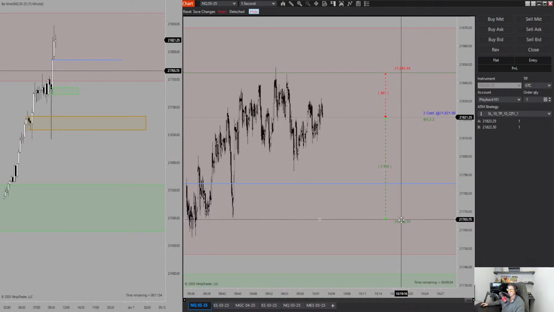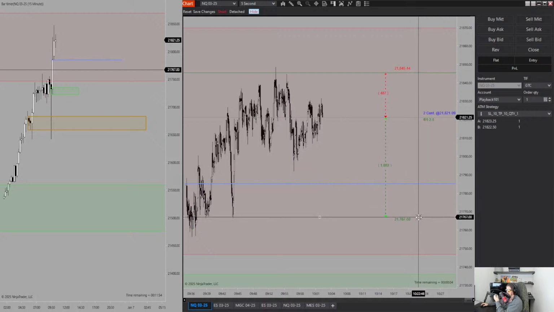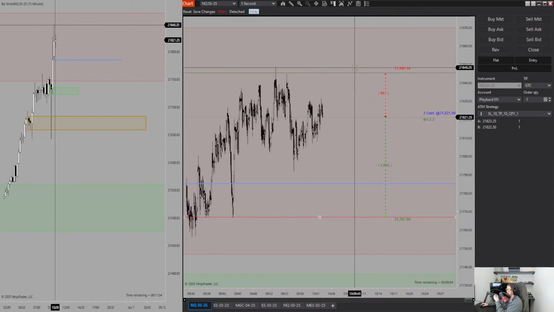Target. That's about 50% of the impulse candle on the 15-minute, at a balance. Yeah, probably target this low here. It's going to be 2 contracts.